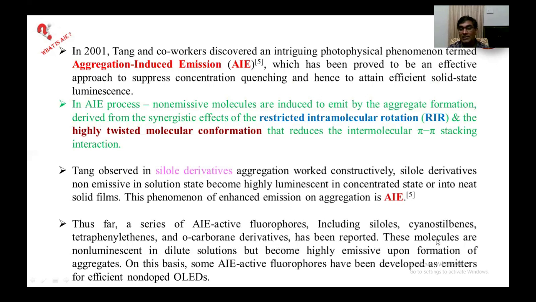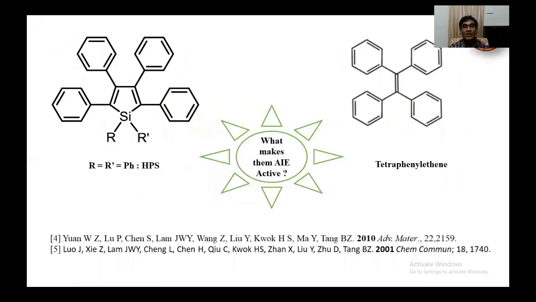On this basis, some AIE-active fluorophores have been developed as emitters for efficient non-doped OLEDs. Now, here you can see the structure of these molecules. That is the hexaphenylsilole, reported by Tang and his colleagues in Chemical Communications in 2001, the first time, 19 years back.